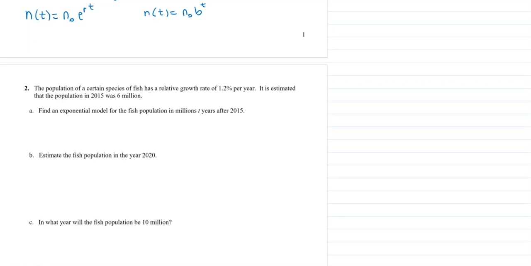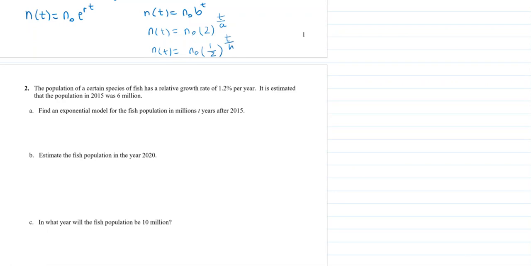Or you might have the special case of this one where you have the doubling time, and so it's 2 to the power t divided by the doubling time. Or you might have the half-life, so 1/2 to the power t over h.